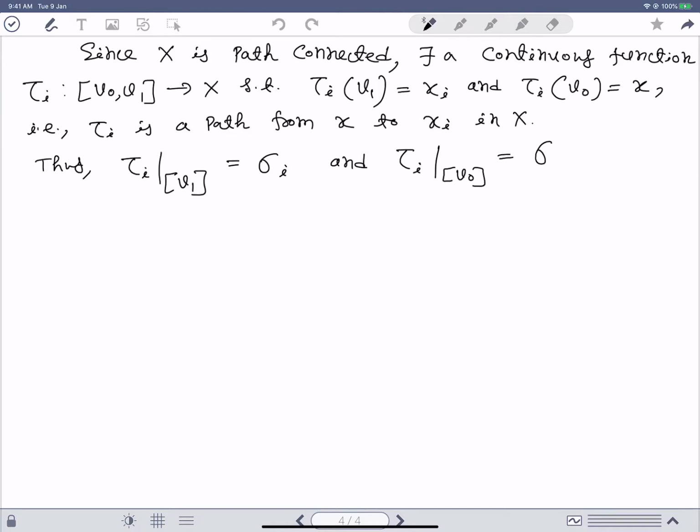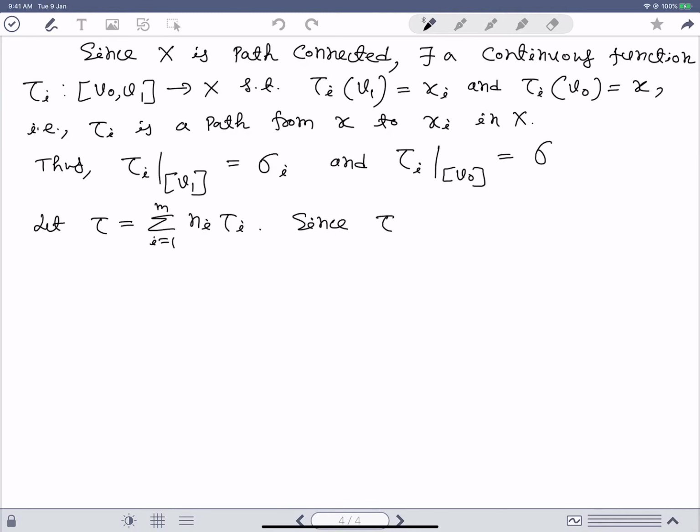Now we define a map, so let tau equal to summation i equal to 1 to m n_i tau_i. Now obviously each tau_i is a singular 1-simplex, right?